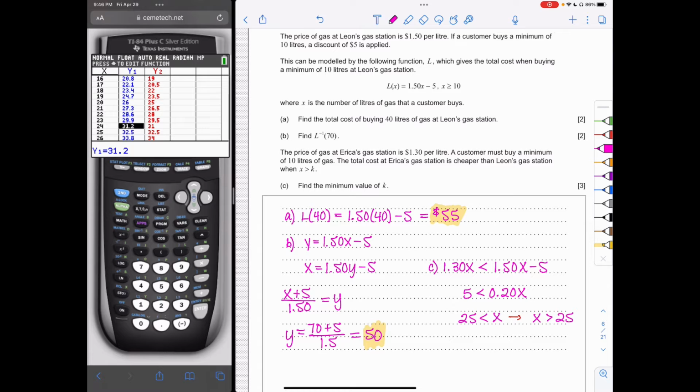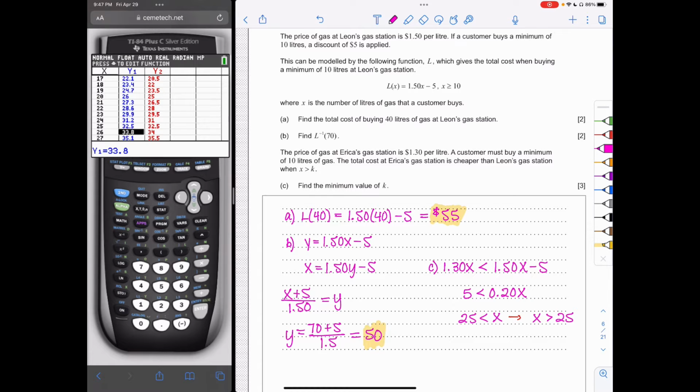left hand column, I see that I have 31.2, and then I have 31. And then as you can see here, if I go down, I have 33.8 for x is equal to 26. So I have 33.8, and then I have 34.